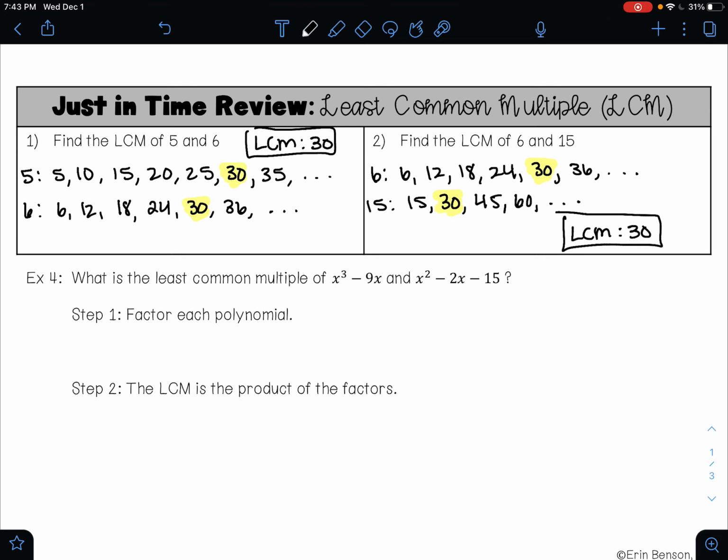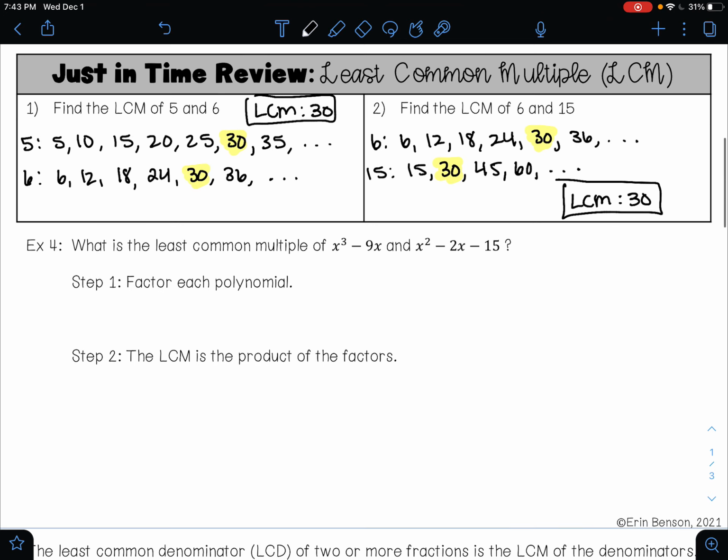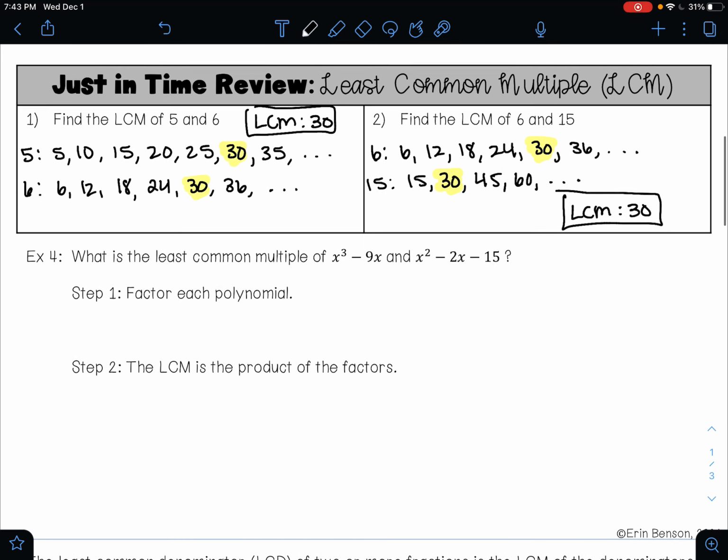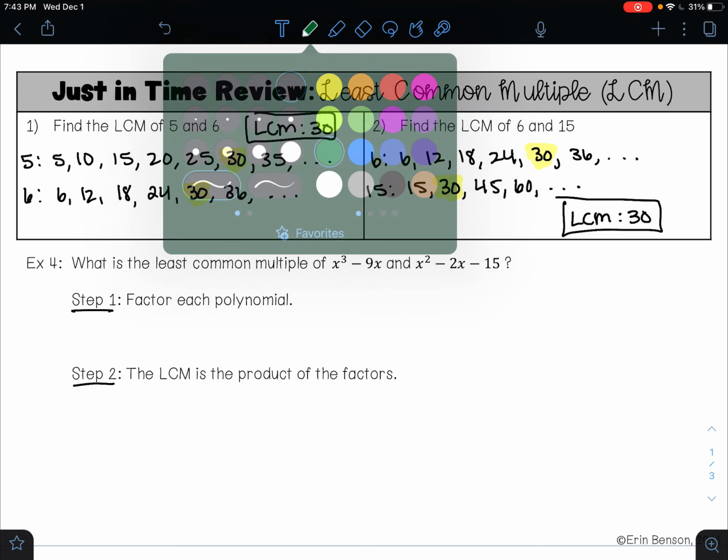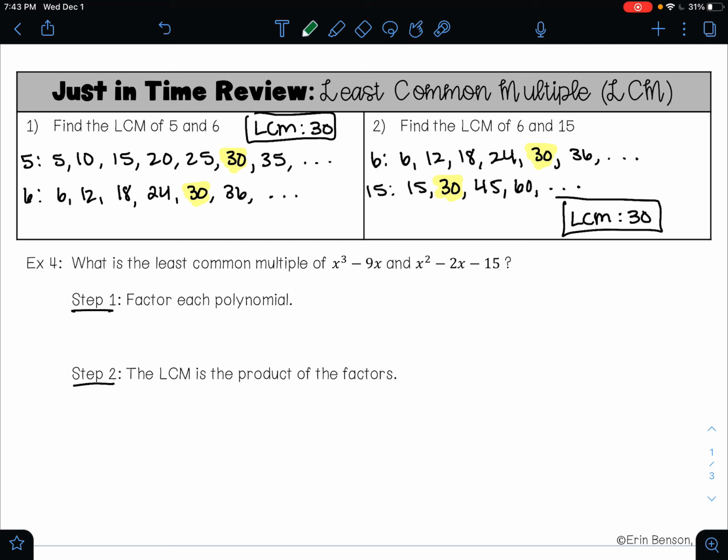So for example 4, they're having us find the LCM of two polynomials. And we have 2 steps given to us to help us find the least common multiple. Step 1 is to factor each polynomial. My first step when factoring is always to look for a GCF.